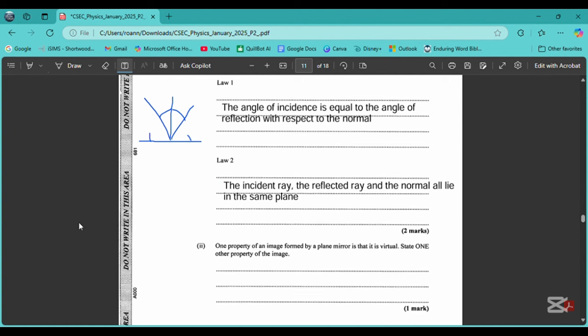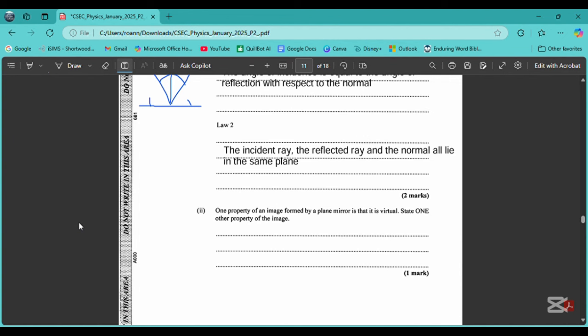All right. Now we move on to: one property of an image formed by a plane mirror is that it is virtual. State one other property of the image. So there are three that you could make note of. It is laterally inverted, or it is in the same direction.